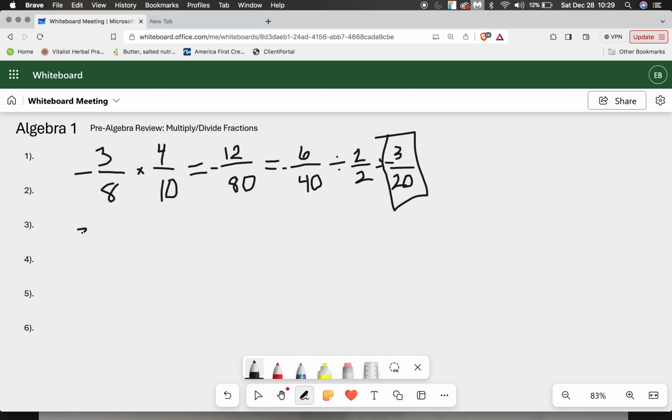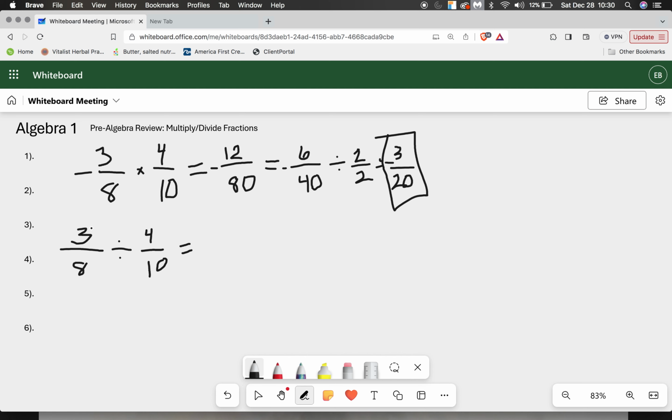So let's say that the problem had looked like this instead. So that it was 3/8 divided by 4/10. What do we do in this case? Well, we can't just divide straight across like we had before, mostly because division is just a little bit special.